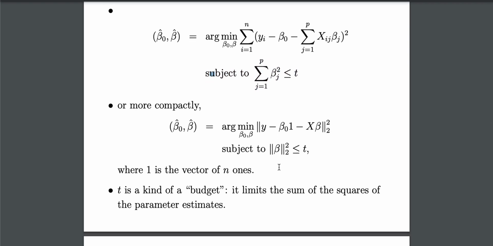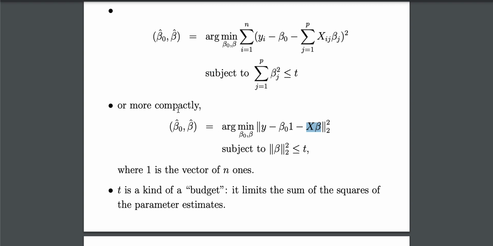In a matrix vector format, you can just write this as the vector y minus beta 0, which is just a scalar, times 1, an n-dimensional vector filled with just ones. And then we have our X beta. X is a matrix, beta is a vector.